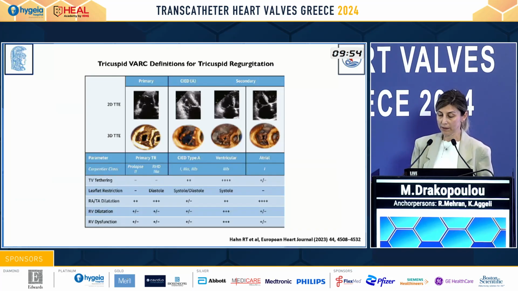And in this publication of the European Heart Journal in 2023, we know that this is a different category, the lead-induced tricuspid regurgitation, and we have two subtypes: type A, which has to do with the lead, and type B, where the lead is an incidental finding at the tricuspid valve but is not involved in the tricuspid regurgitation.